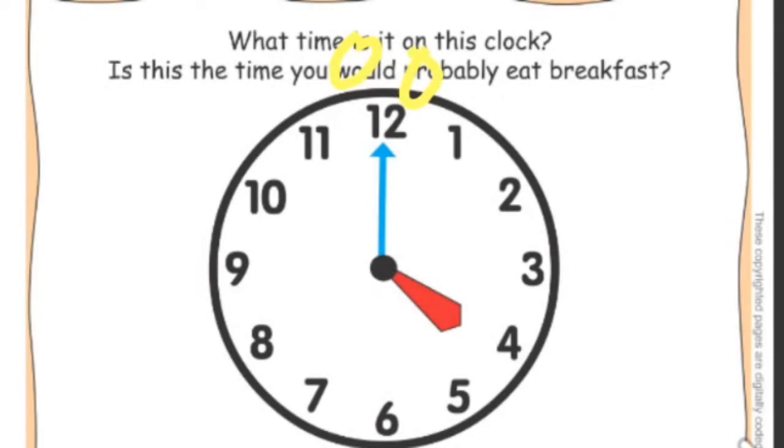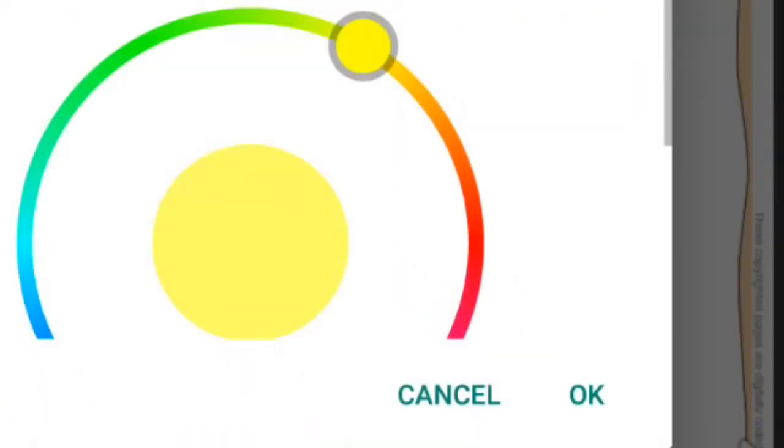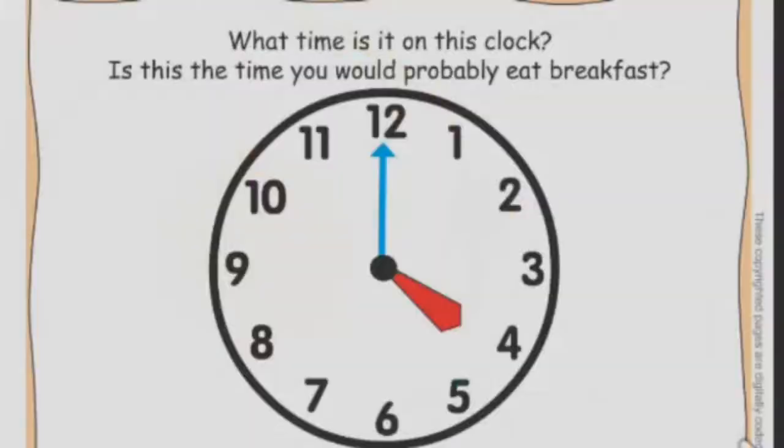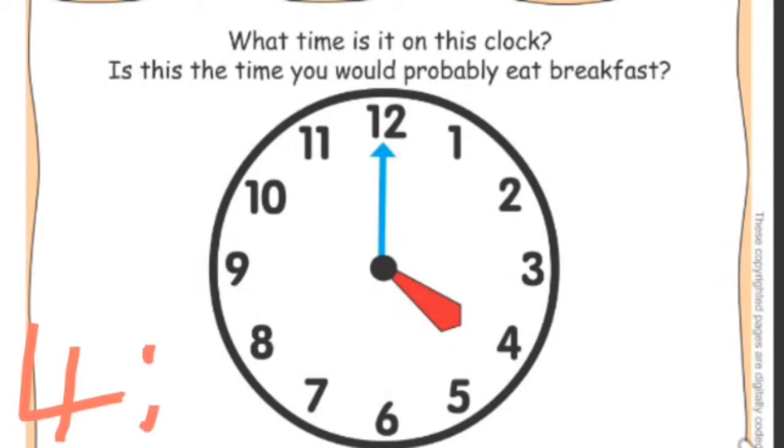When reading the time, we read the hour hand first. So I will say 4 and my colon. Good. Then what's the minute hand?